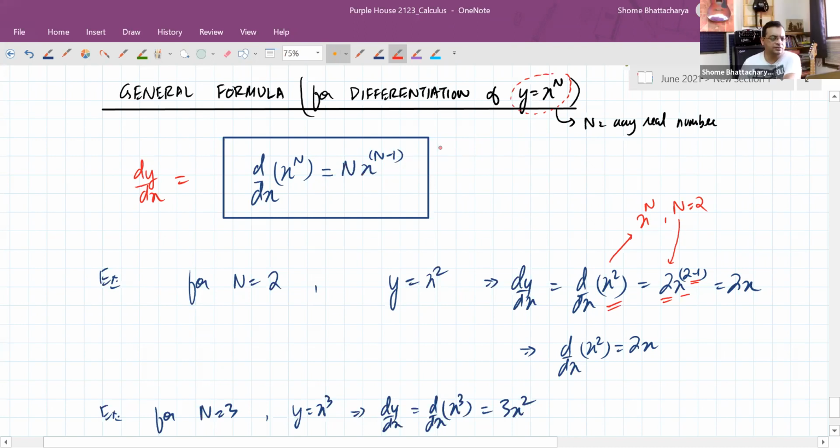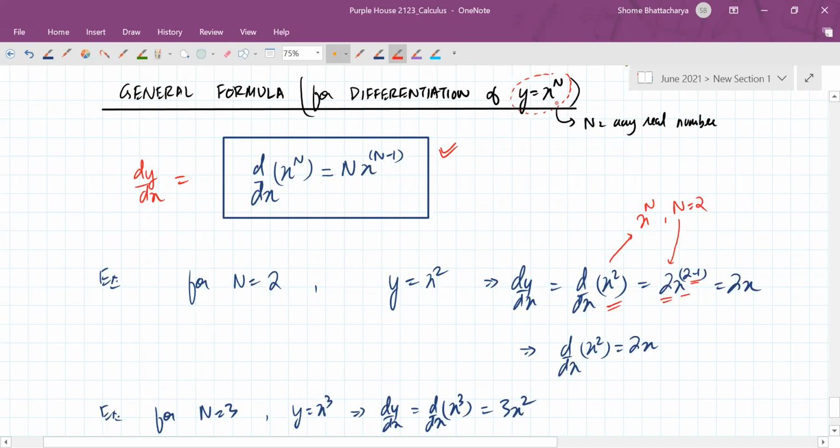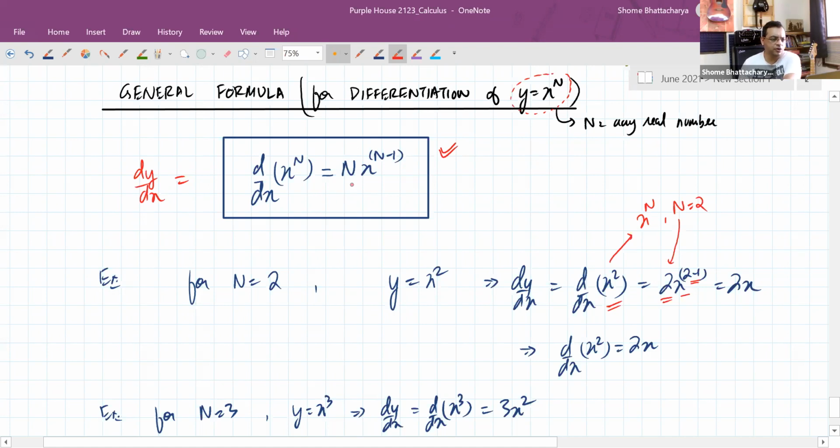So this formula that we have written here is specifically for which type of function? When y is a single power of x, where that power n could be any real number, then the differentiation formula is n into x to the power n minus 1.